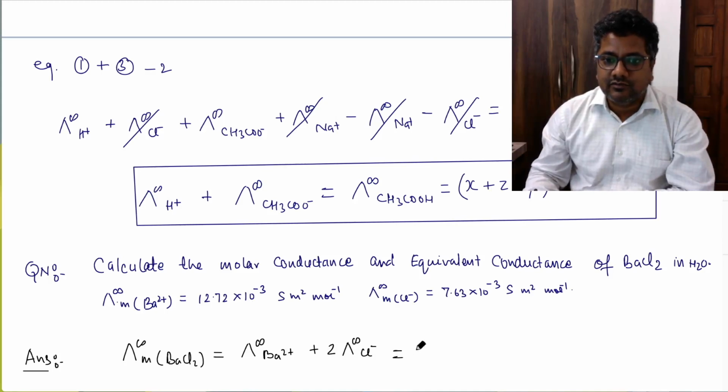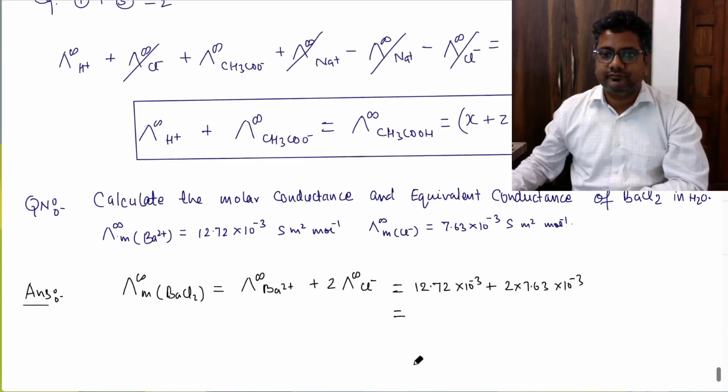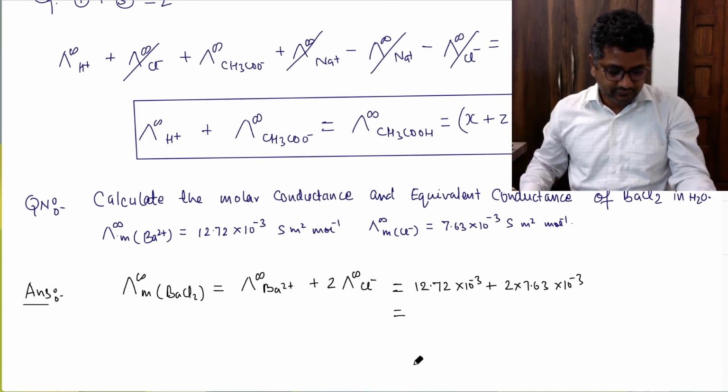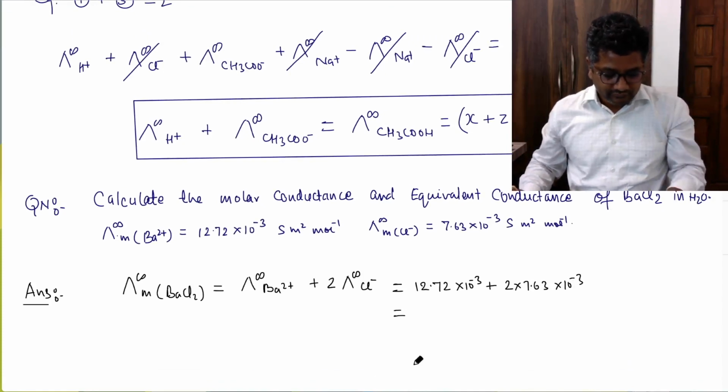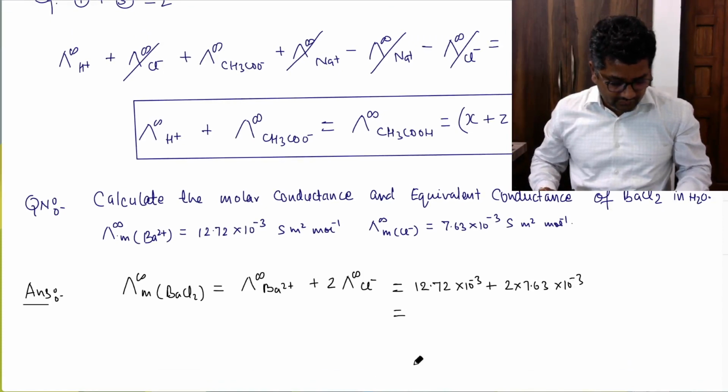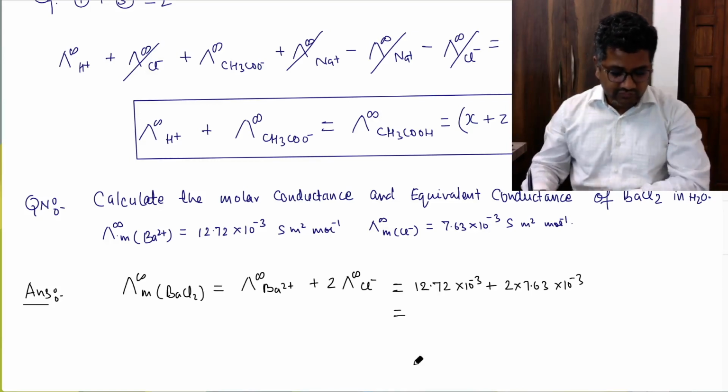So this is equal to 12.72 into 10 to the power minus 3 plus 2 into 7.63 into 10 to the power minus 3. 2 into 7.63 is equal to 15.26 plus 12.72, so 27.98.